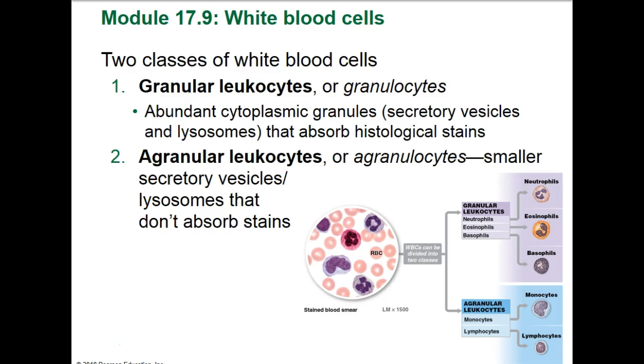And they do absorb certain histological stains, so they do look different in the microscope when we have certain stains that we're using. The agranulocytes tend to be smaller. Again, the secretory vesicles and lysosomes here don't absorb the stains, so you don't see those granules.